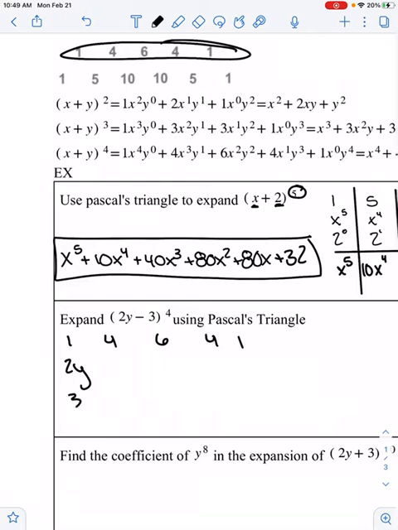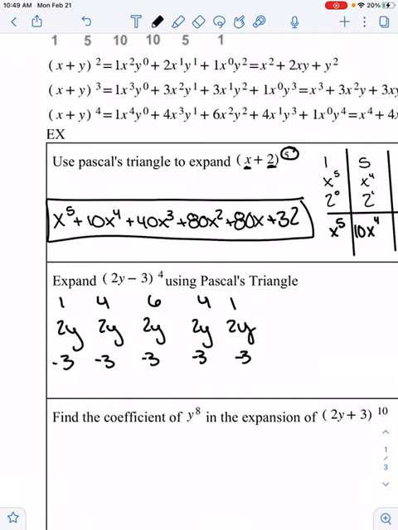We'll put our first coefficient slash variable, then our second one. And our second one is negative 3, and that's important. And then our 2y, and you want to put parentheses around it, starts to the 4th power, then goes down by 1.